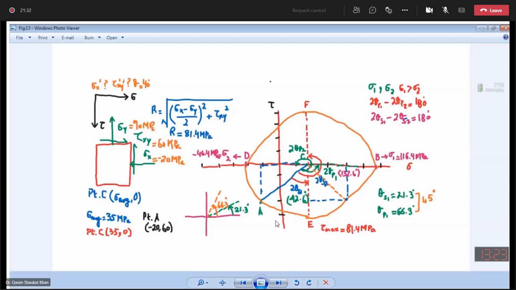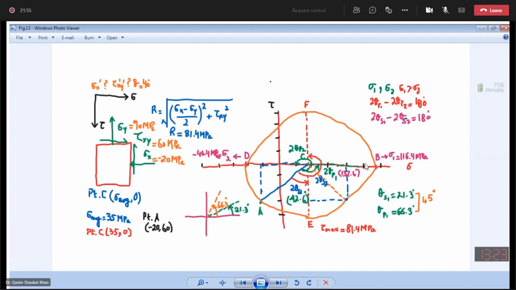So first of all, you have to draw the vertical and the horizontal axis. On the vertical you have shear stress. On the horizontal you have the normal stress.